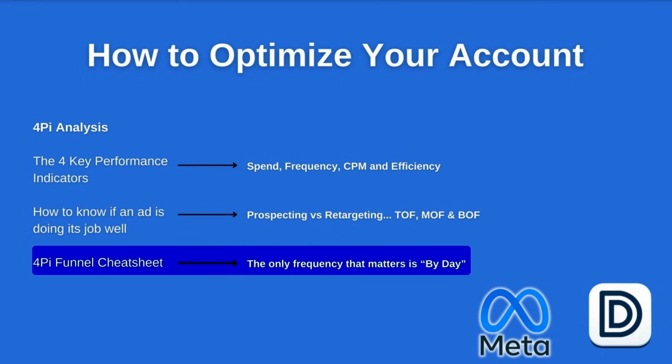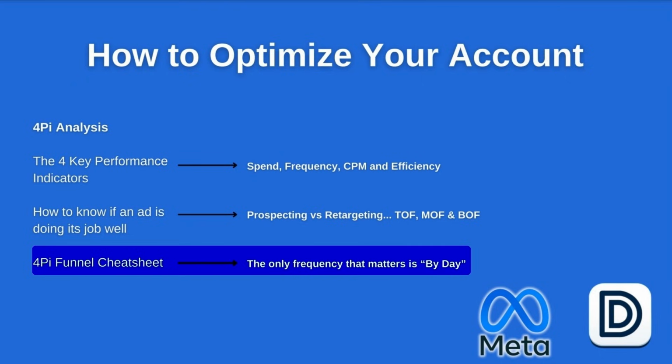If you focus your ad account in a 322 method ad style with a single one campaign build like we've shown today, then all you're ever trying to do is make your weakest link stronger. And if that's all you're ever doing, it's very, very difficult to not consistently get better. And the last thing that I want you to take home today around the 4PI analysis is the 4PI funnel cheat sheet.